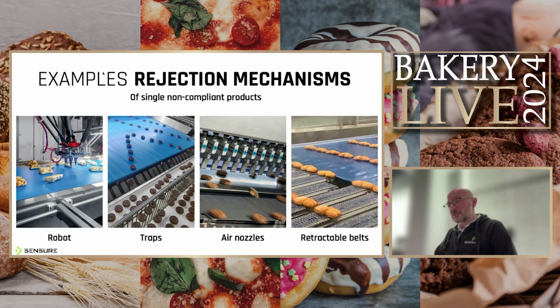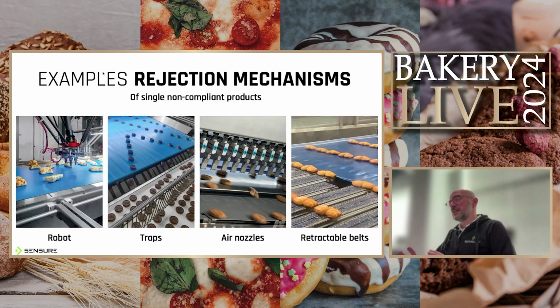It always depends on many parameters like speed of the line, dimension of the product, how many products per row, and so on. You can see in the picture a few examples of rejection mechanisms, from the most complete system like a robot, to mechanisms like air nozzles, independent traps or retractable belts.